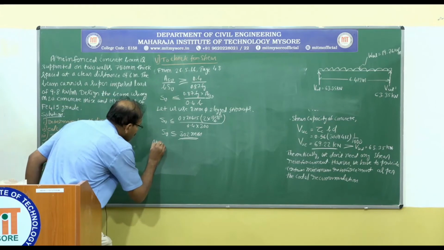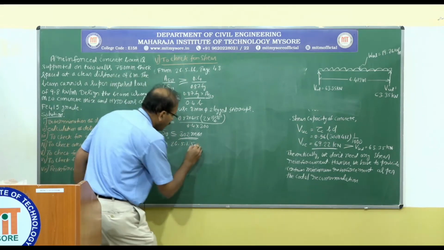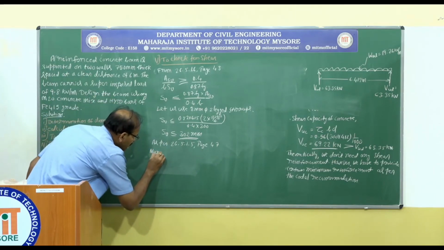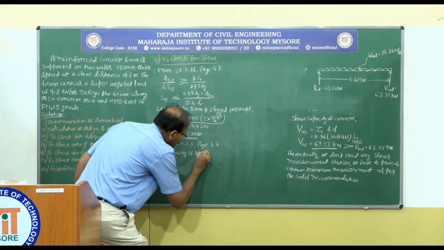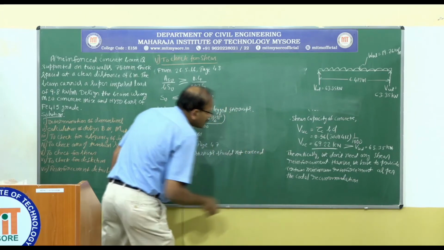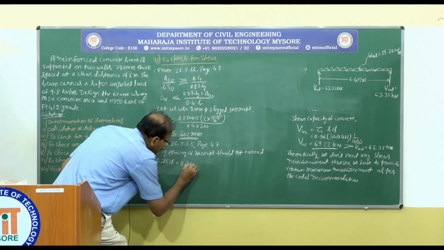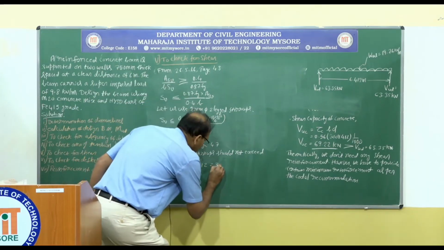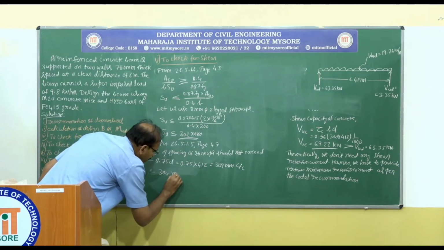So as per 26.5.1.5, page 47, maximum spacing of stirrups should not exceed, it gives two values: 0.75 d, that is 0.75 times d, the effective depth, which is 412, that is equal to 309 millimeter center to center, and in no case it should exceed 300 millimeter center to center.